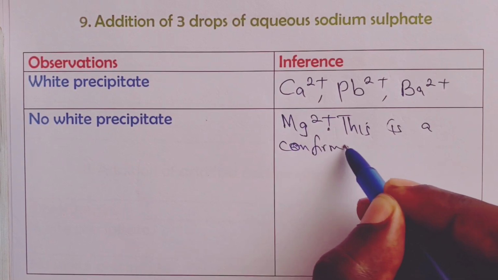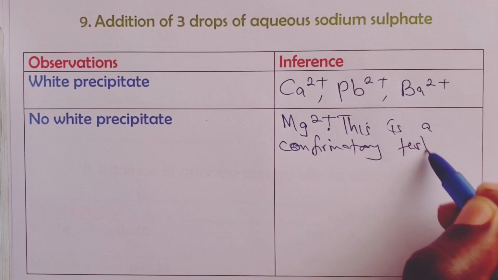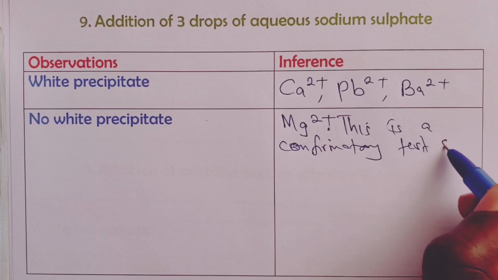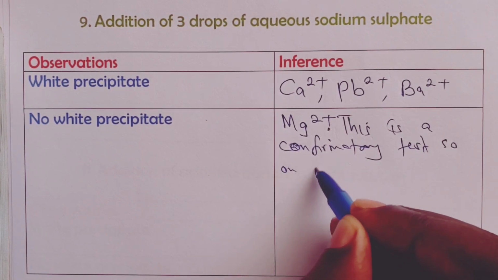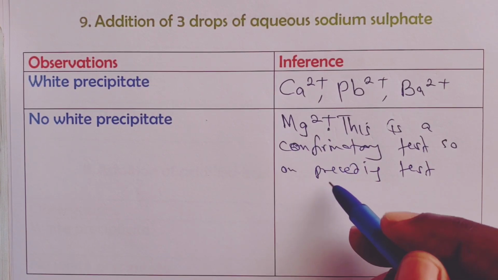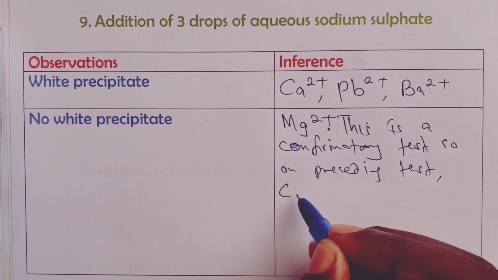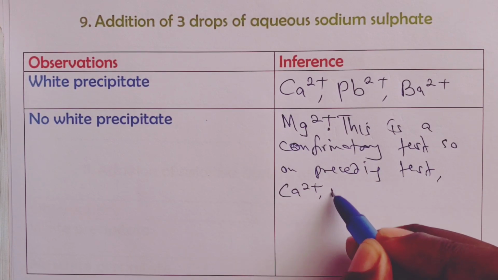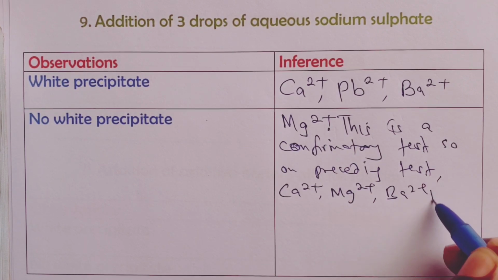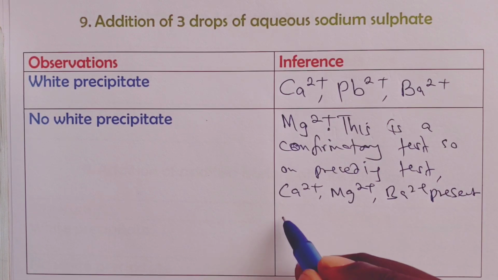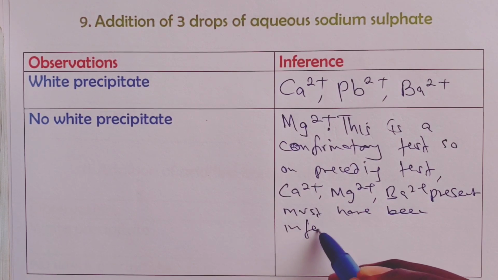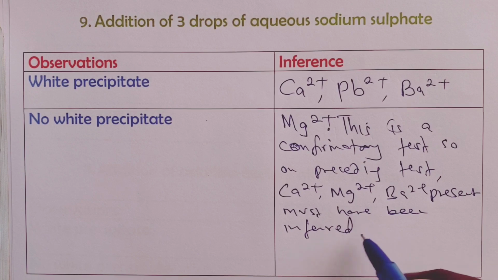This is normally a confirmatory test, which means it's a test you are doing after doing several others. So, if you have to infer that magnesium is present, on a preceding test, you must have inferred that calcium, magnesium, or barium were present, for this inference to hold.